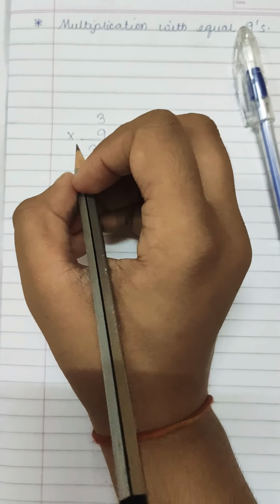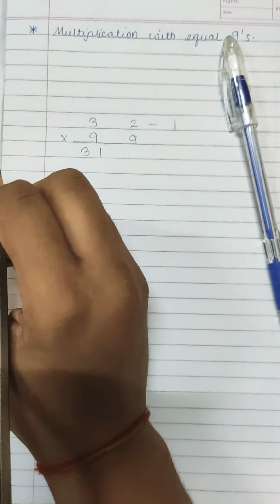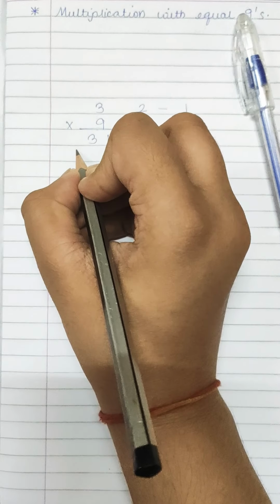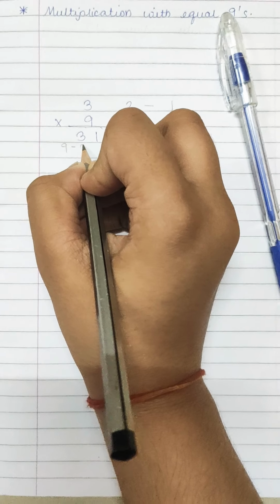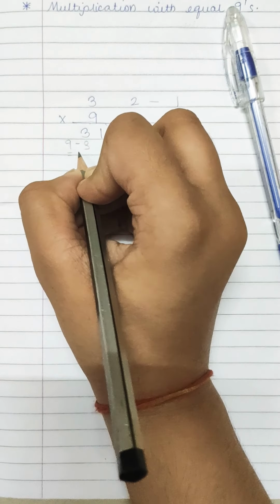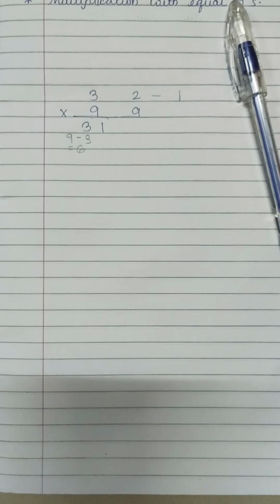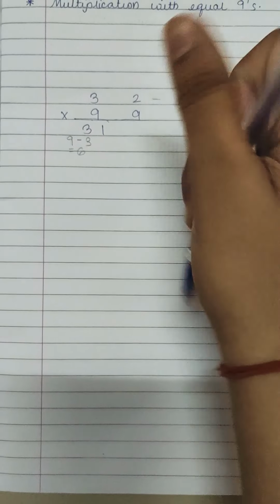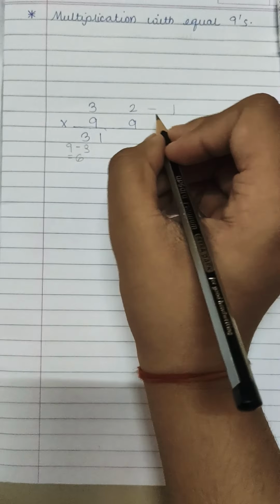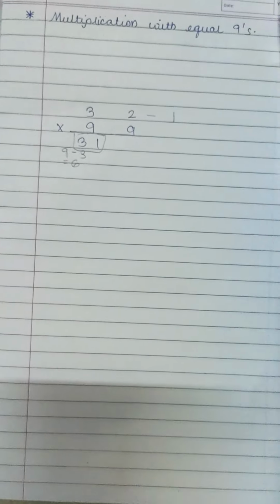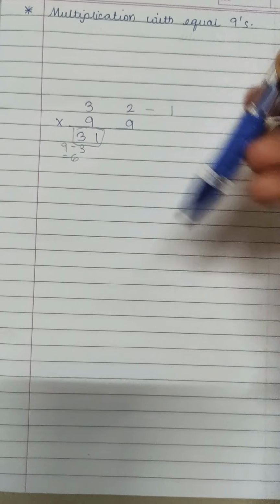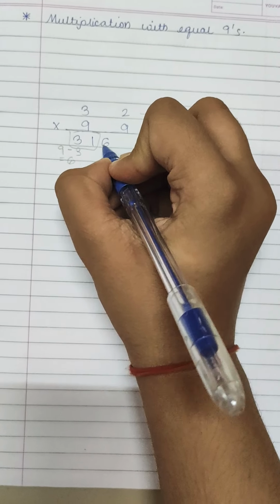So the answer will be 9 minus 3 will be 6. So you got 6, means this is one answer which you got, 32 minus 1, but now you got 6 also. So you will write 6 over here.